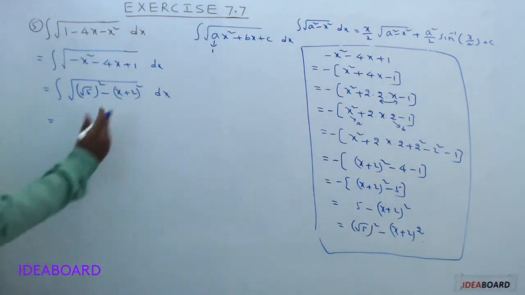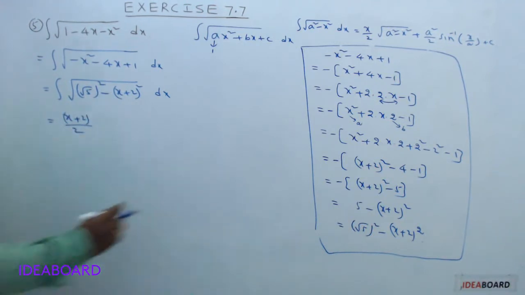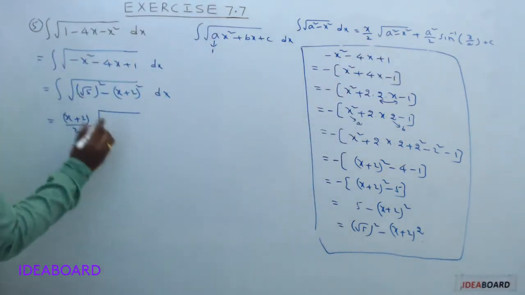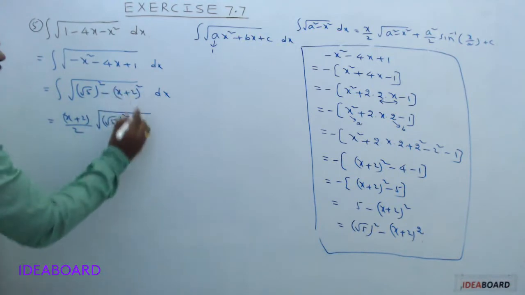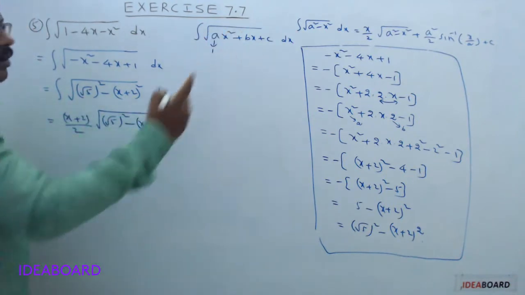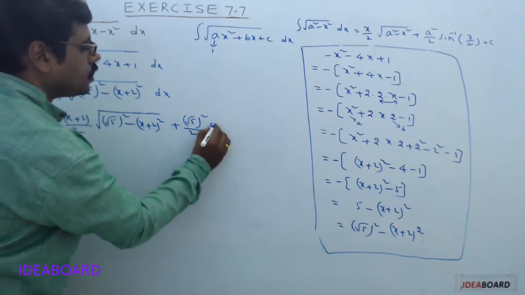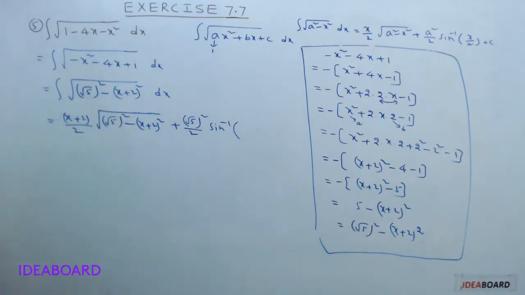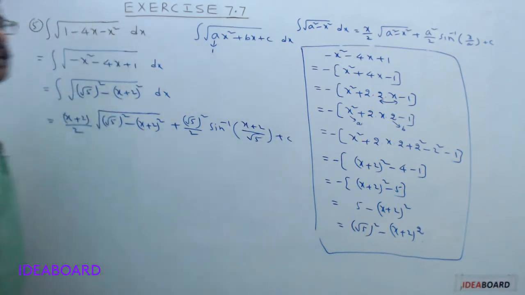X divided by 2, your x value is x plus 2, so x plus 2 divided by 2 into square root of root 5 whole square minus x plus 2 whole square, plus a square divided by 2, a value root 5, so root 5 whole square divided by 2 into sine inverse of x divided by a. Here your x value is x plus 2, so x plus 2 divided by root 5, plus a constant c.